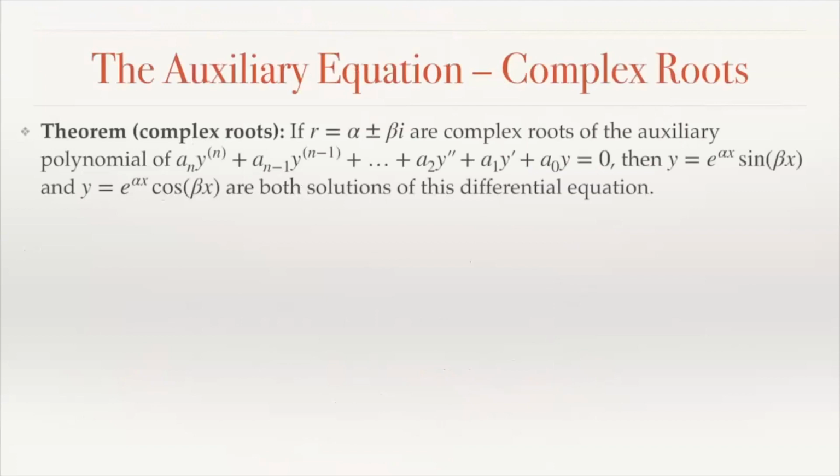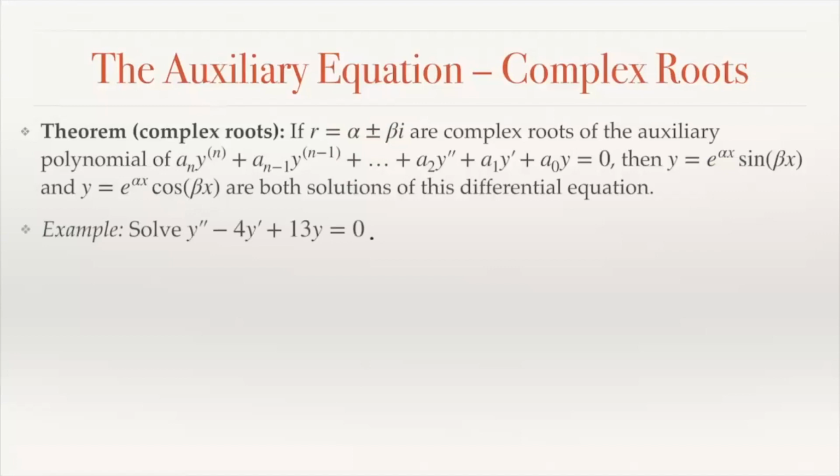So what we wind up with is that if alpha plus or minus beta i are complex roots of the auxiliary polynomial, then both e to the alpha x sine beta x and e to the alpha x cosine beta x are solutions of the differential equation. So these are the two linearly independent real solutions corresponding to this conjugate pair of complex roots of the auxiliary polynomial.